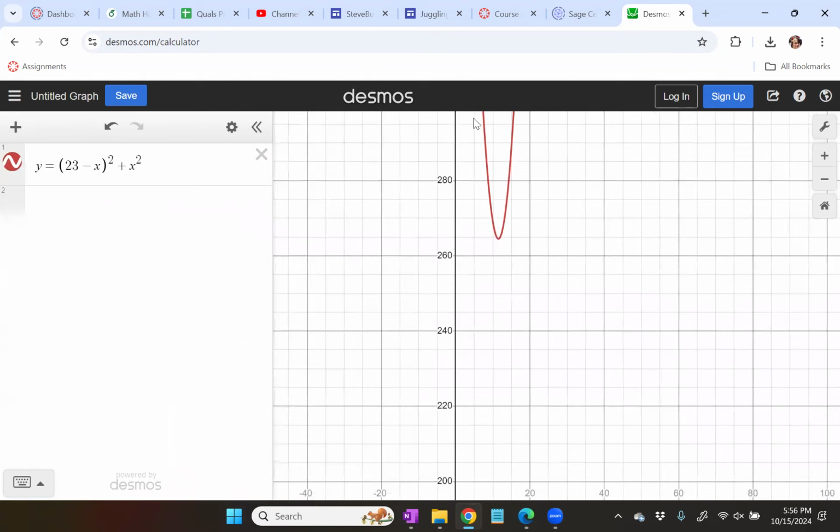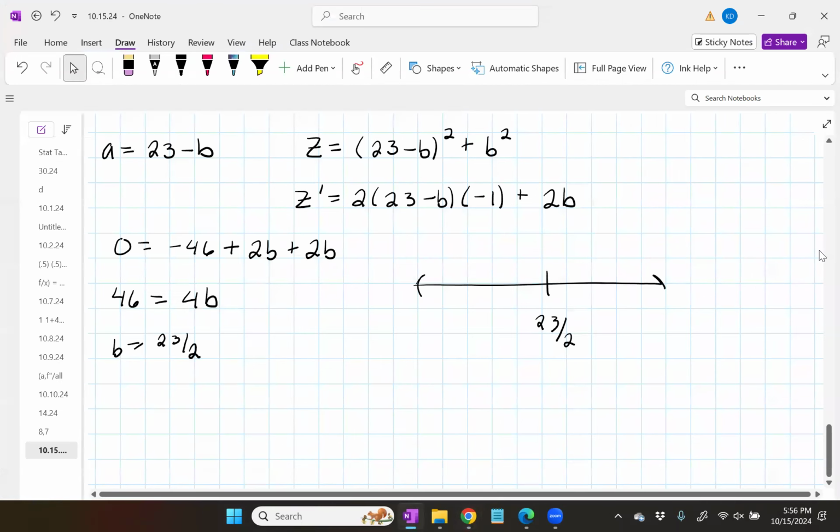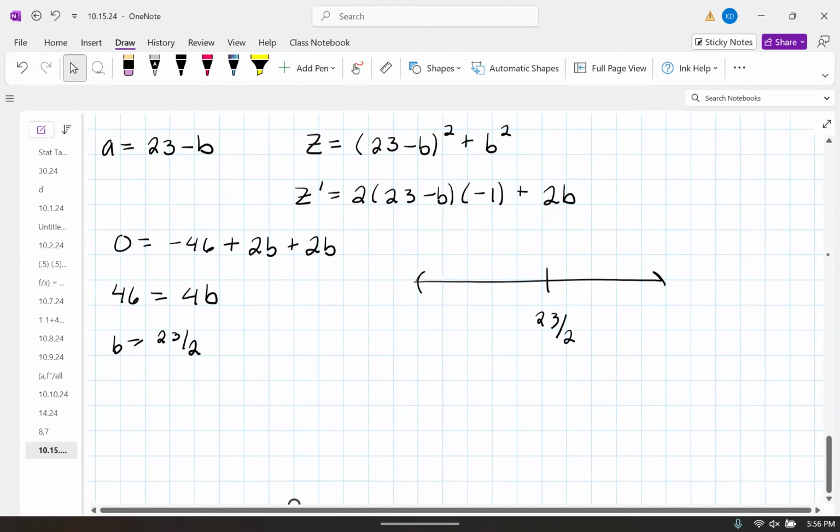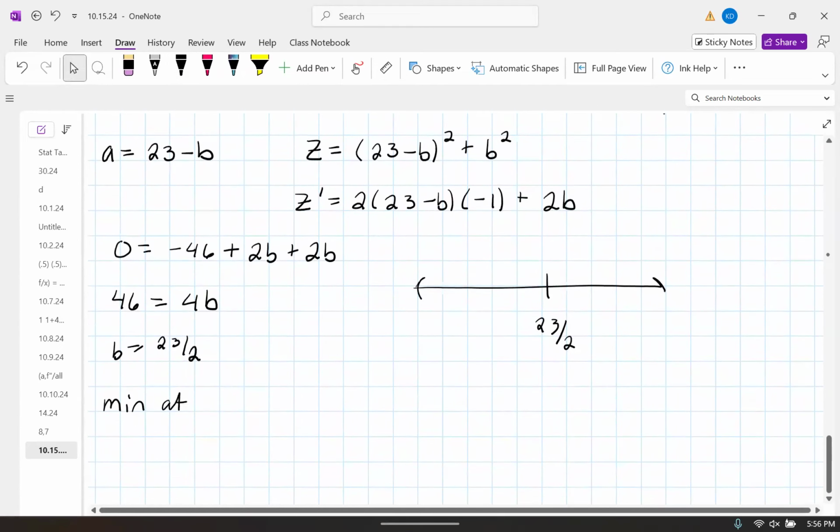So what do you think? The value they gave us, is that a maximum or a minimum? Yeah, we're a right side up parabola, so that's gonna give us the min. How do I figure out the max? What is the min? Let's go with that. We're minimizing that.